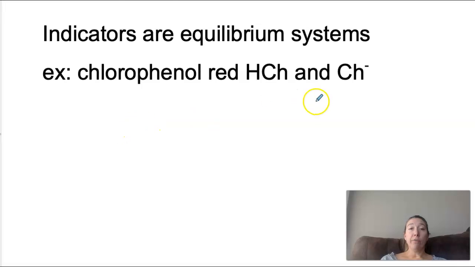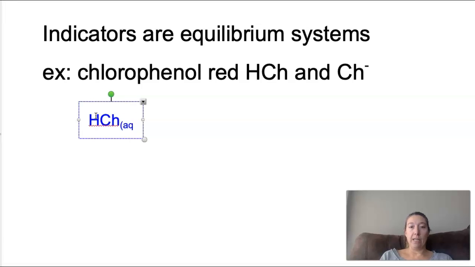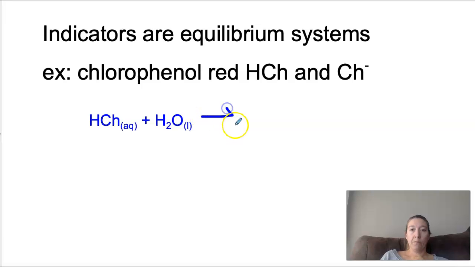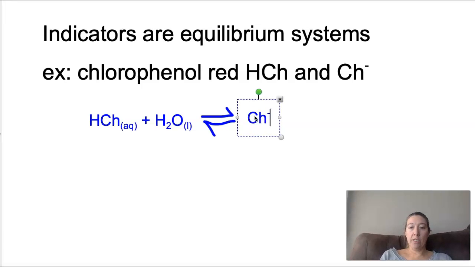So if we look at chlorophenol red, our data table has the abbreviations HCH and CH minus. So this has the ability to set up an equilibrium system, where this is going to be in equilibrium with its conjugates, which are going to be the CH minus and hydronium.